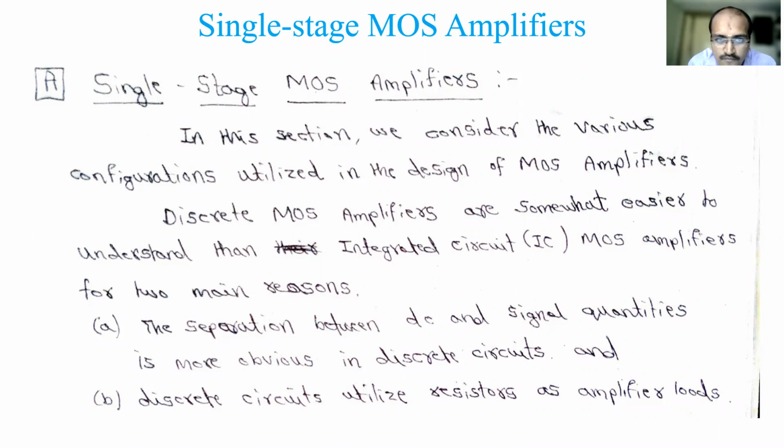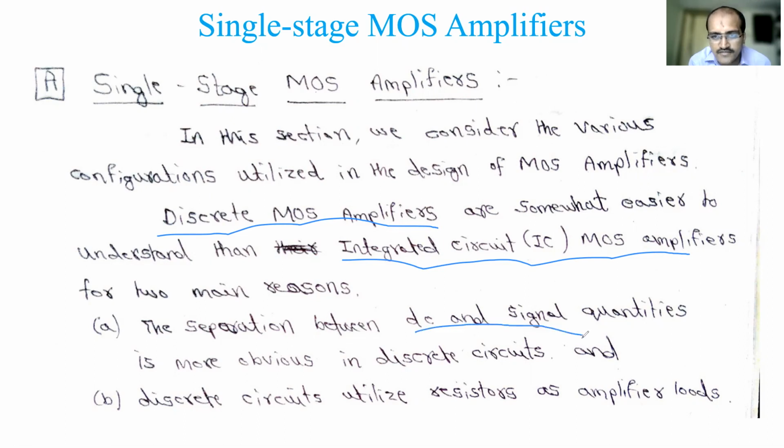We can use the MOSFET as an amplifier. There are 2 types of MOS amplifiers, as I discussed earlier: discrete MOS amplifiers and integrated circuit MOS amplifiers. Just quickly we'll revise the differences. Discrete MOS amplifiers are somewhat easier to understand than integrated circuit MOS amplifiers for 2 reasons. One is the separation between DC and signal quantities.